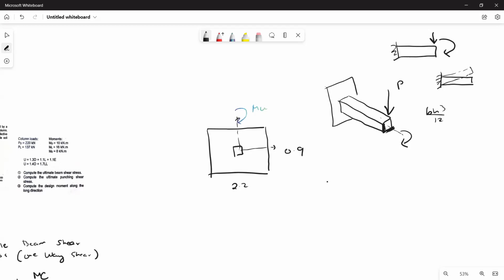Just like the same dun sa footing. Imagine your depth of the footing is your length L, and itong 2.2 and 0.9 are the B and H of your footing, or your dimensions. Di ba ganun yan?